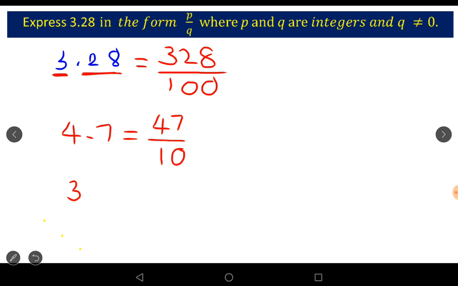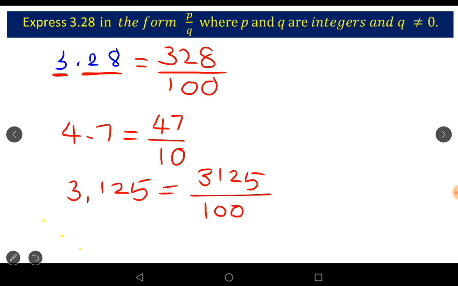Next question, 3.125. Decimal part 3 digits, so 1 following 3 zeros. Okay students, decimal part 1 digit, 1 following 1 zero; 2 digits, 2 zeros; 3 digits, 3 zeros. These are decimal fractions, decimal numbers converted into decimal fractions.